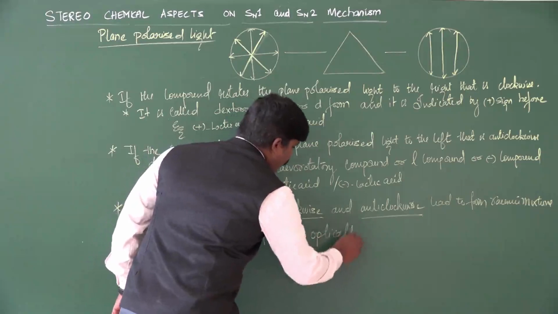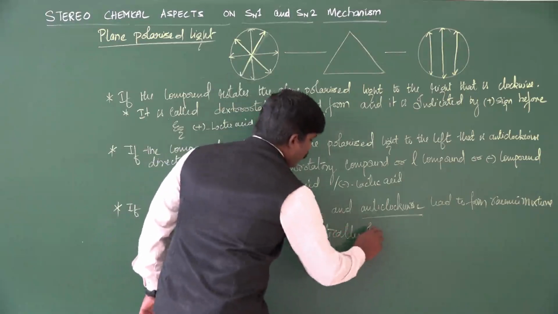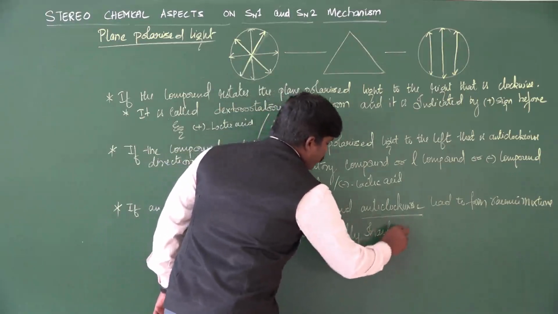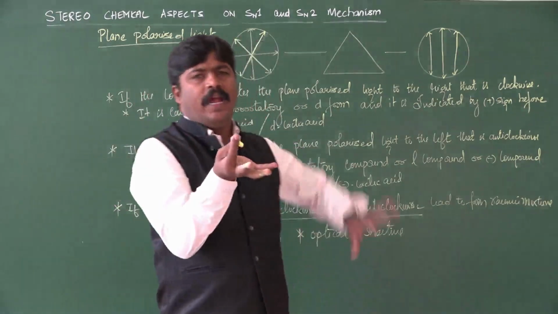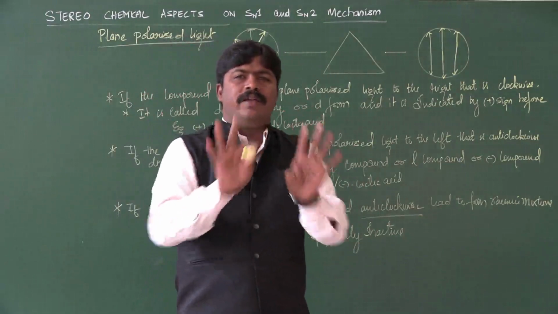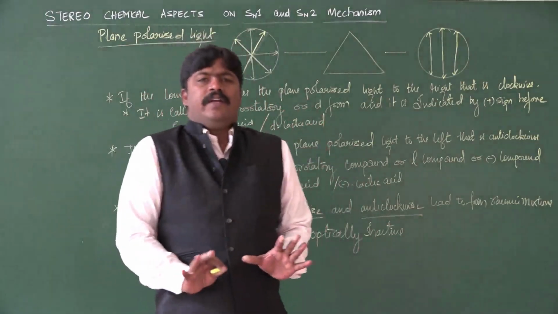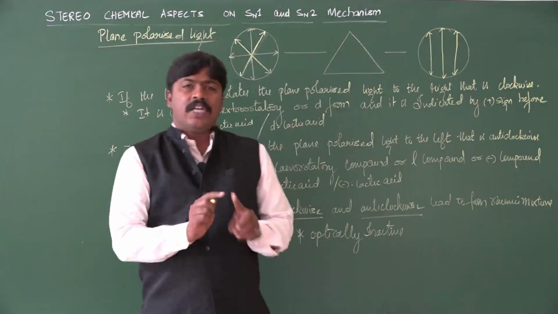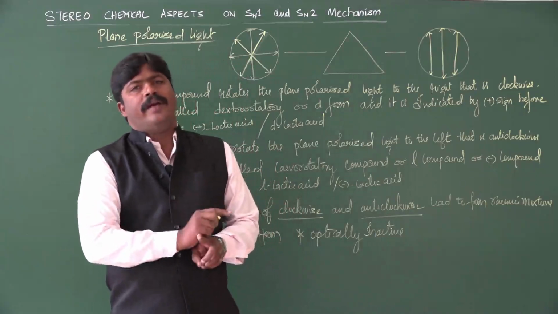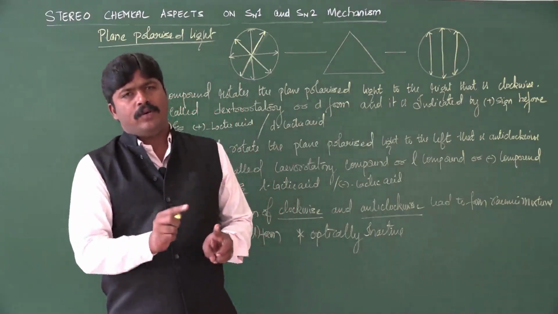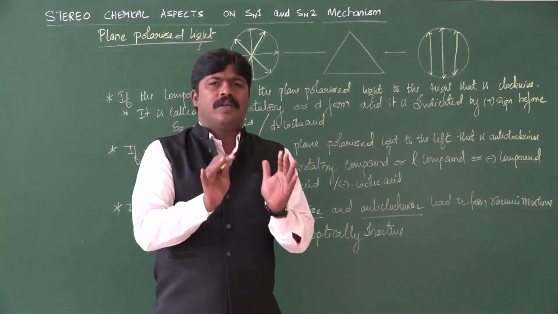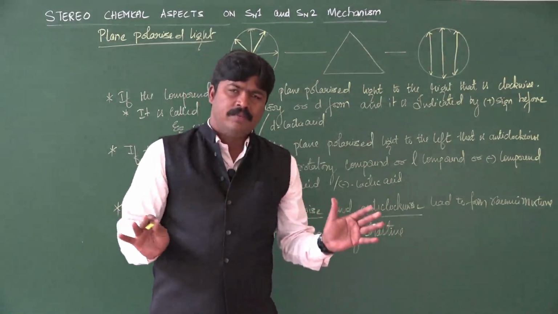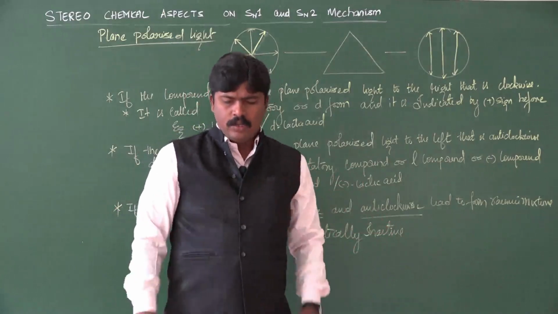Why optically inactive? It is optically inactive because it rotates clockwise 50%, anti-clockwise 50%. The molecule remains at a state where it does not show any rotation because equal rotation to clockwise, equal rotation to anti-clockwise, of course both cancel, and the organic compound is optically inactive because it shows equimolar rotation.